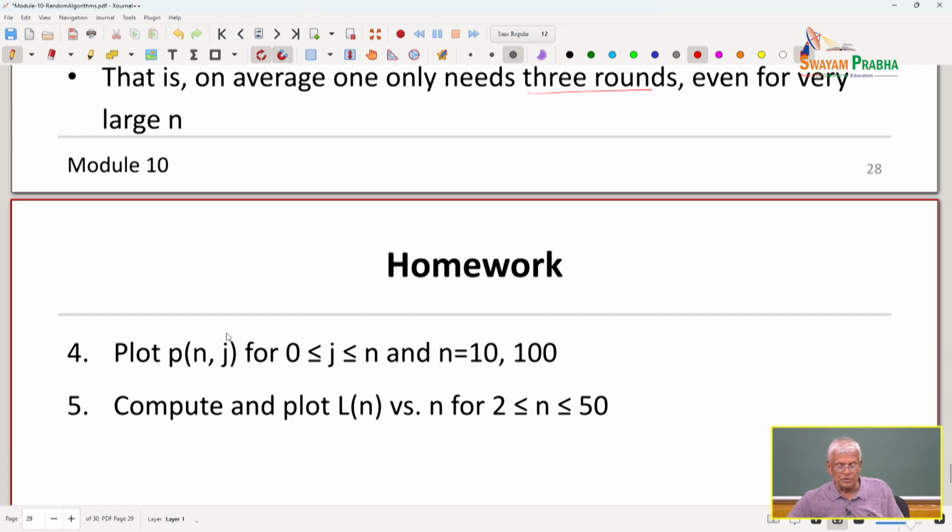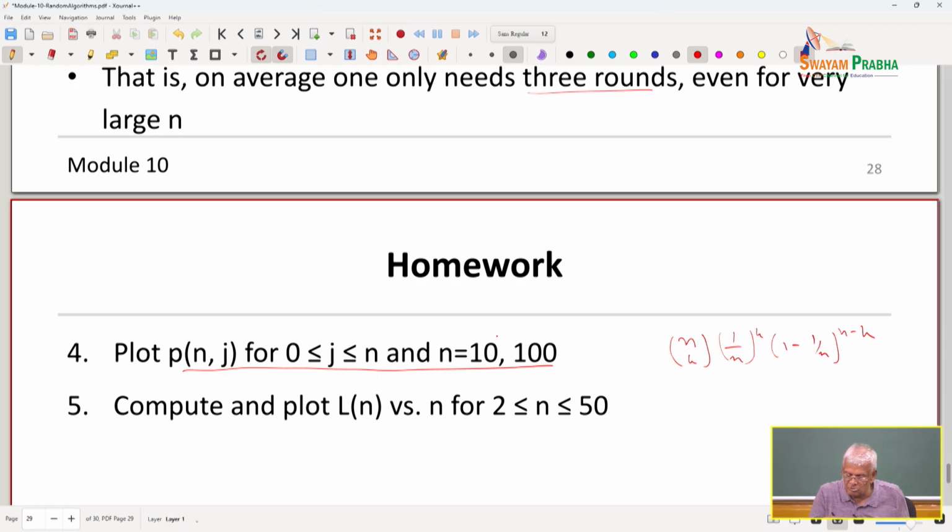So I would like you to now work on a homework problem. Plot Pnj. I already told you Pnj is the binomial probability where p is equal to 1 over n. Plot Pnj for n equal to 10, 100. What is this? This is C(n,k) times 1 over n to the power k, times 1 minus 1 over n to the power n minus k.